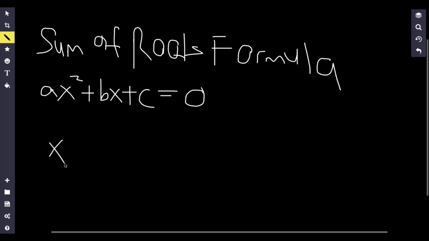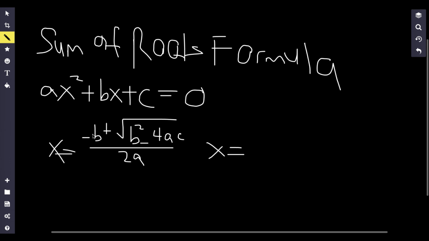The two roots you get are x equals negative b plus the square root of b squared minus 4ac all over 2a, and the other root is x equals negative b minus the square root of b squared minus 4ac, all over 2a.